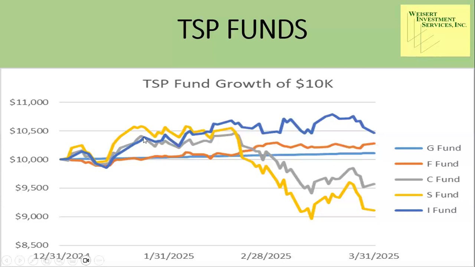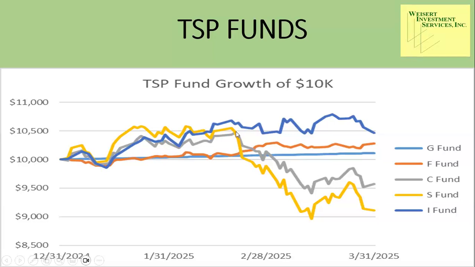And then all the different equity funds, which are the S fund over here in the yellow, the blue fund, which is the I fund, the international fund, and then the C fund, the gray fund. You can see how they all moved up in tandem until about the third week of February. At that point, right around the 19th, 20th, it started to drop off within the United States structure.